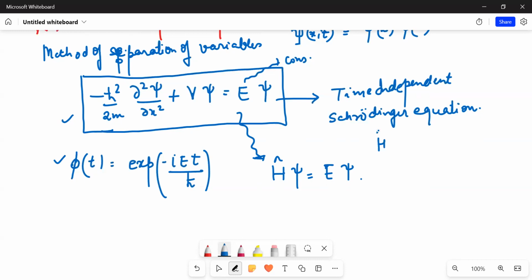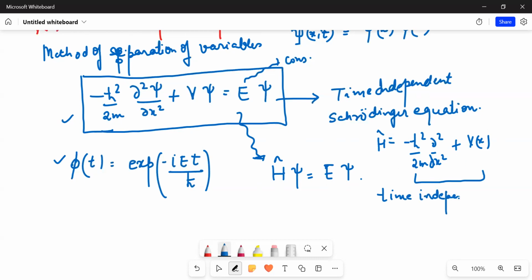This Hamiltonian operator is simply minus ħ square upon twice m, del square upon del x square, right now in one dimension, plus v as a function of x. So clearly this is time independent right now, because we have not taken v having any time dependence. So this is a time independent operator.